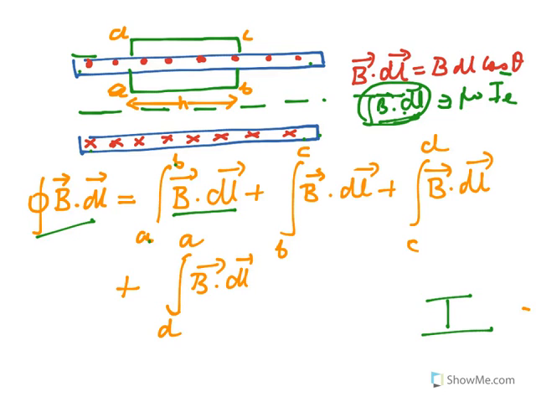So B dot dl from A to B becomes equal to B into h, where B is the magnitude of the magnetic field and dl is equal to h.